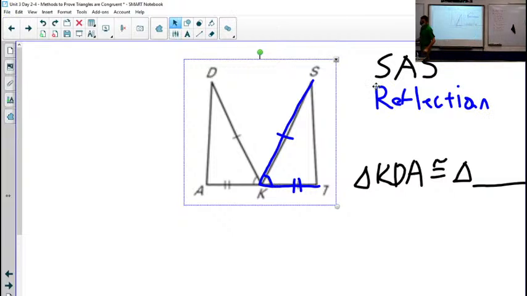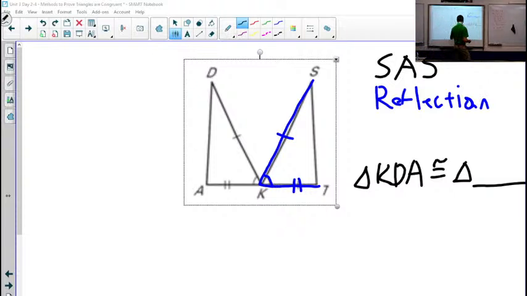And so finally, let's match up the congruent statement. I'm going to ask you to fill in the blank. Triangle KDA is congruent to, what would I match up KDA with? Your answer should be 3 letters matching up this triangle with the points on the other triangle. K, guess what?